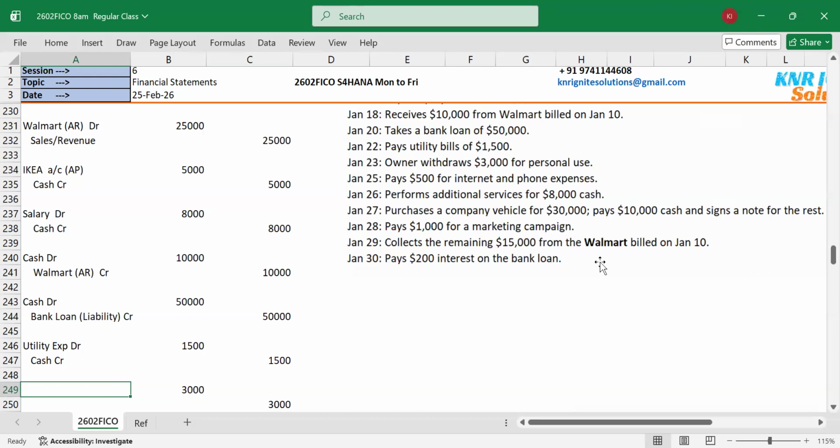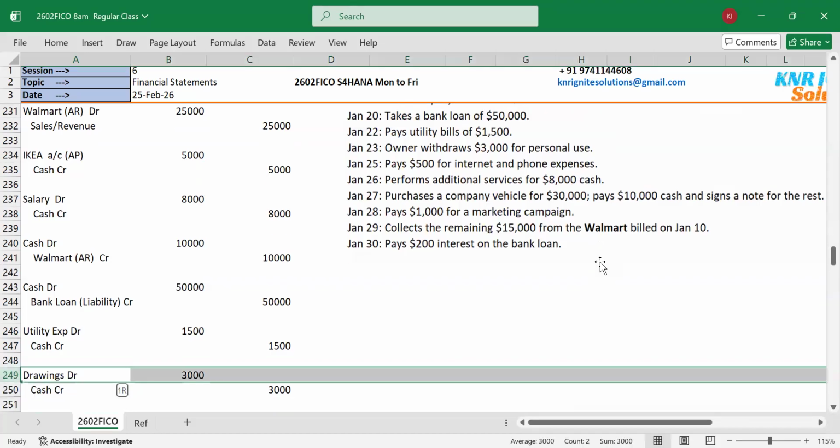He used it for some personal expenses, and that you call withdrawals. Whenever the owner withdraws cash, his overall capital will come down. That we will calculate when we prepare the general ledger. Now we'll record this under drawings: drawings as a debit, and cash is going out.